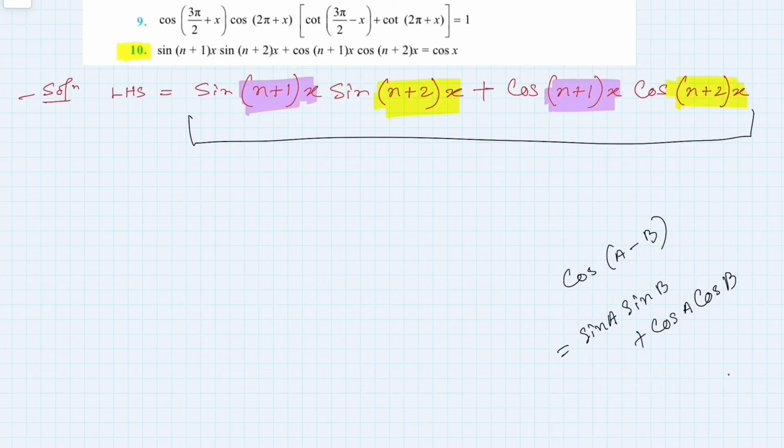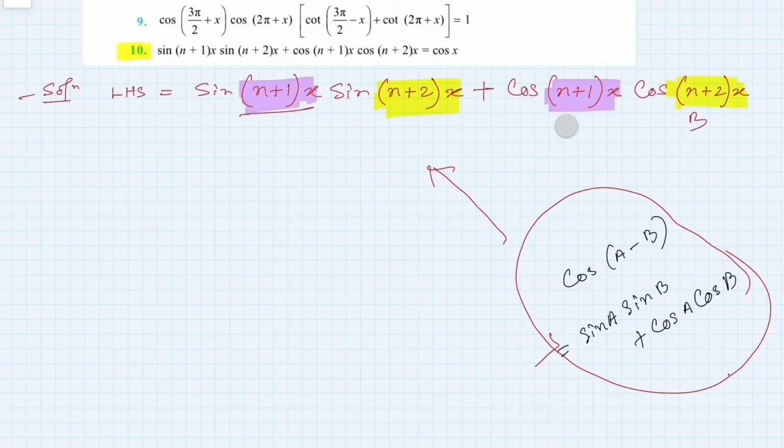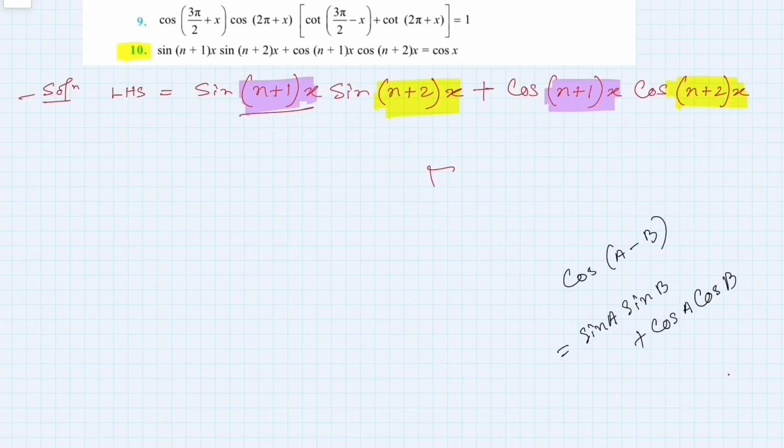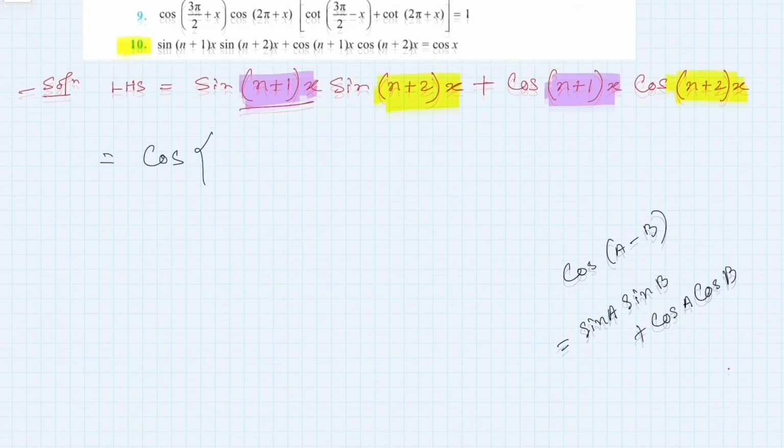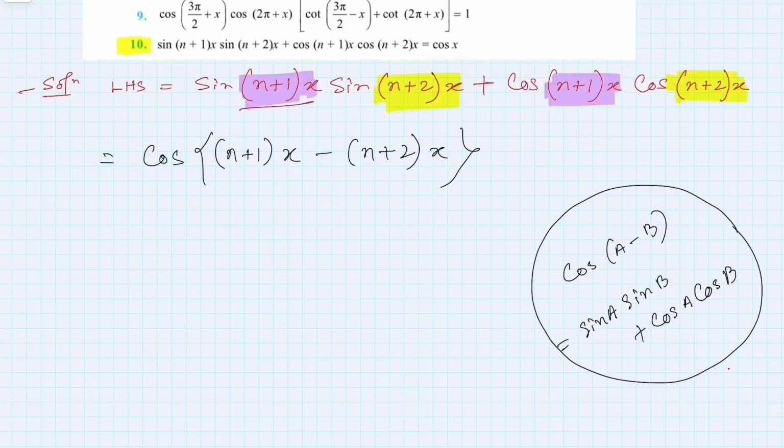So assuming this one as angle A, this one as angle B, we can apply this identity here. If you apply this identity, then what are we going to have? cos(A − B), that is (n+1)x − (n+2)x. This is cos(A − B). Okay, so here we have applied this identity.